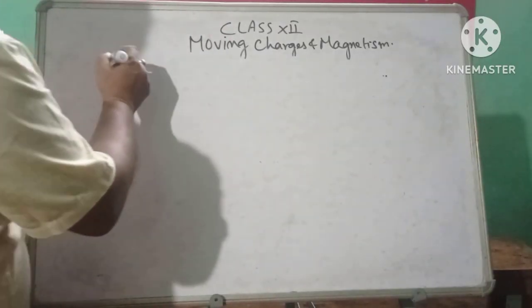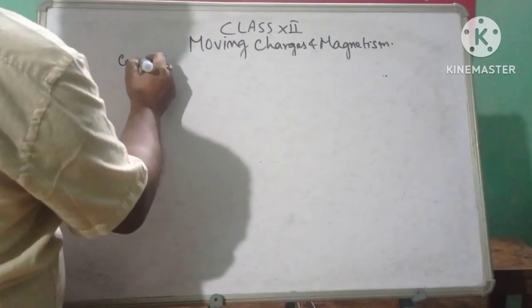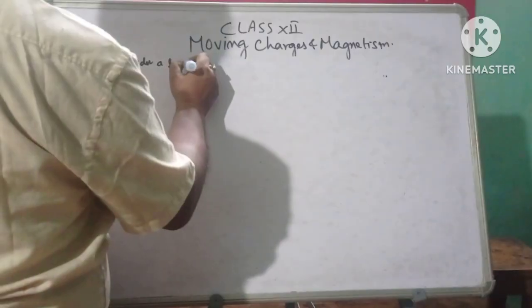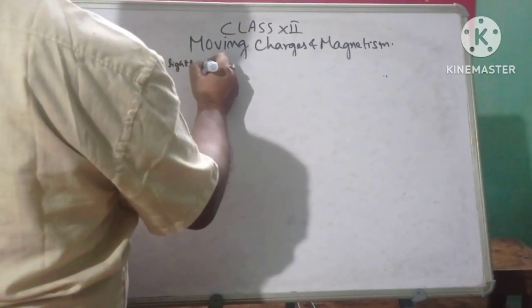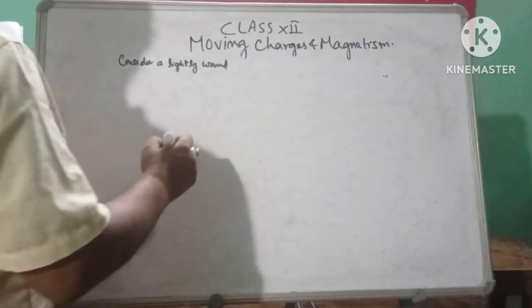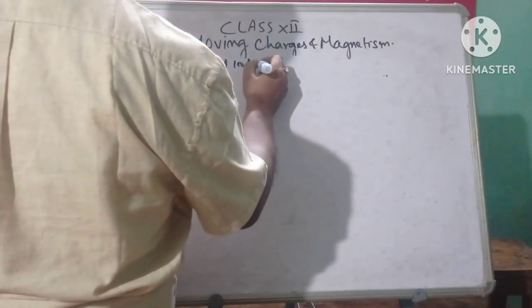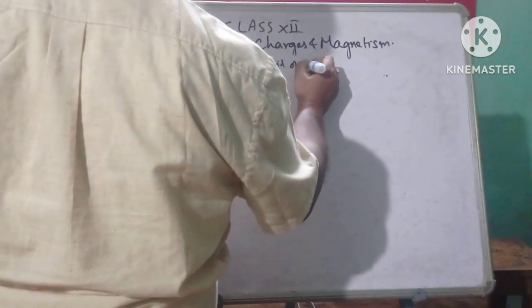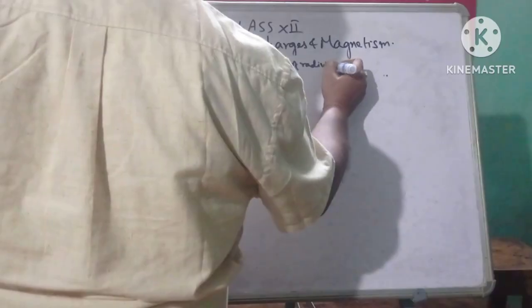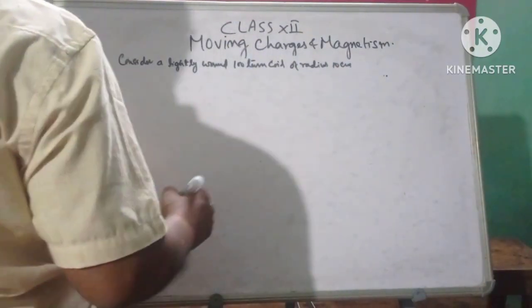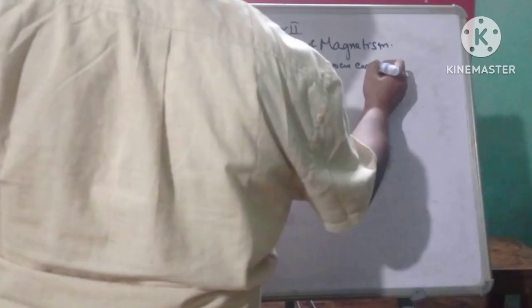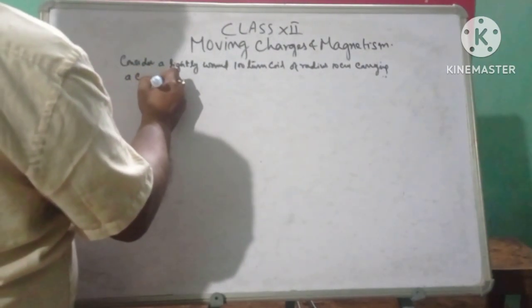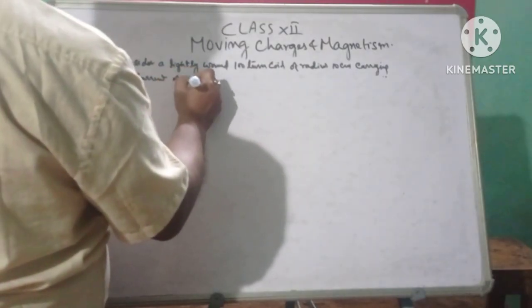Your next question is: consider a tightly wound 100-turn coil of radius 10 centimeter, carrying a current of 1 ampere.